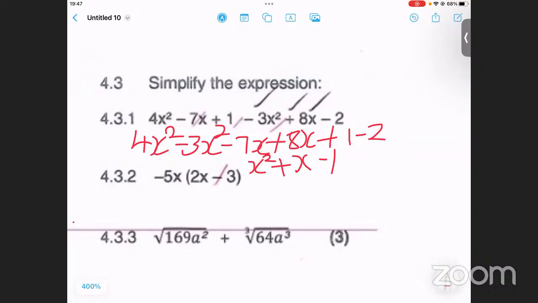So we're gonna multiply minus 5 with this and the minus 5 again with the minus that. So you're saying we have minus 10x squared minus or plus? Plus 15x. Perfect. Is this your final answer?